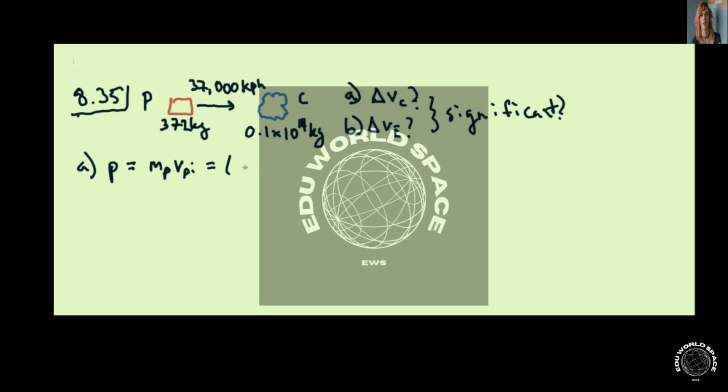And this has to be equal to the mass of the two combined things moving at the final speed of the comet, because we're assuming the comet starts at rest in the reference frame we're using, so the final speed of the comet will be the same as the change in its speed.